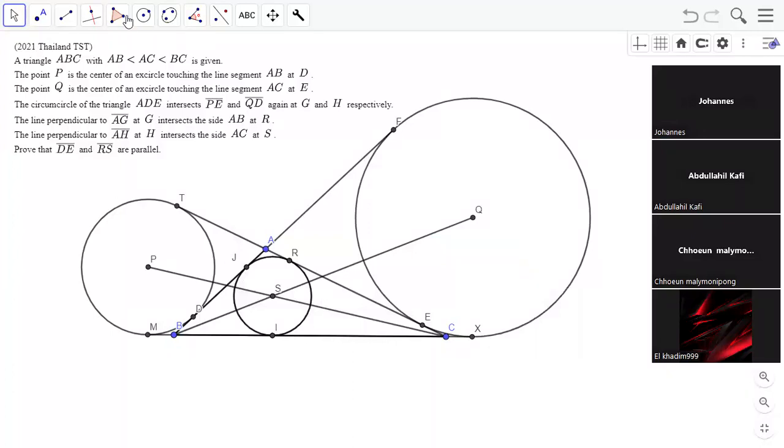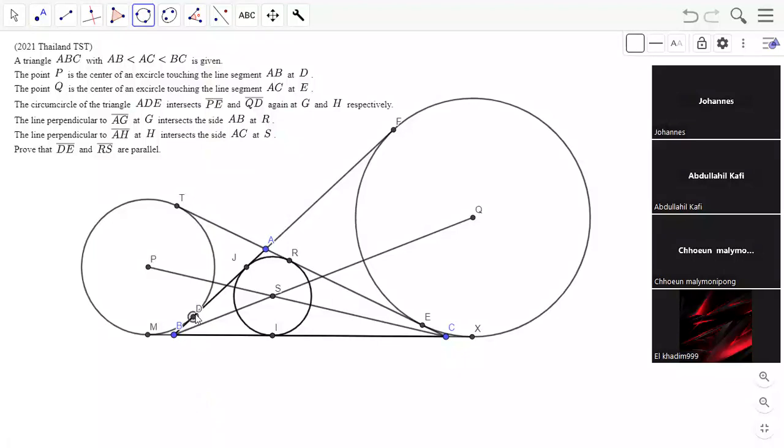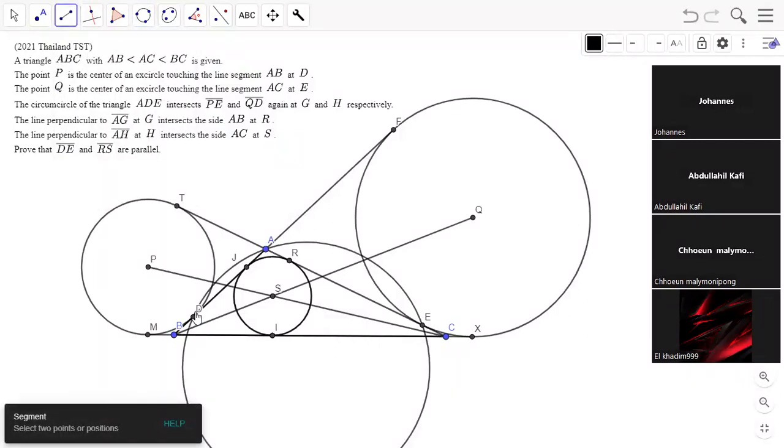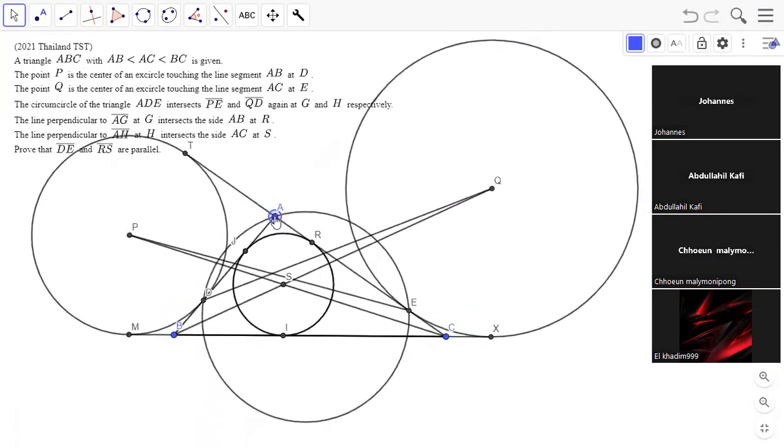The circumcircle of ADE intersects PE and QD. So QD, PE. Maybe I should draw a taller triangle. Maybe it'll make it look better.